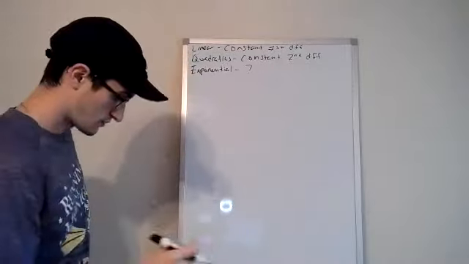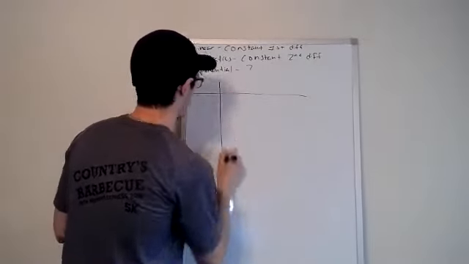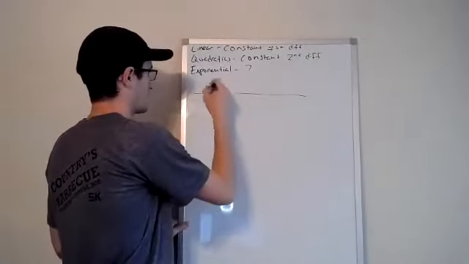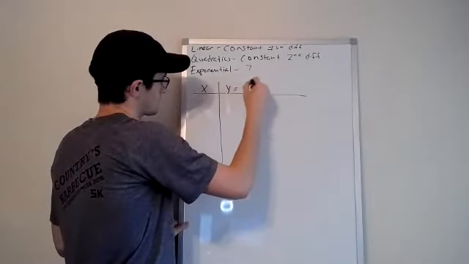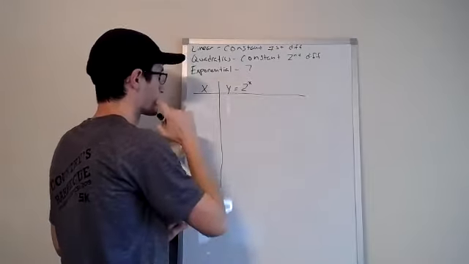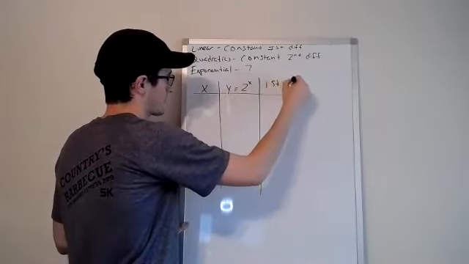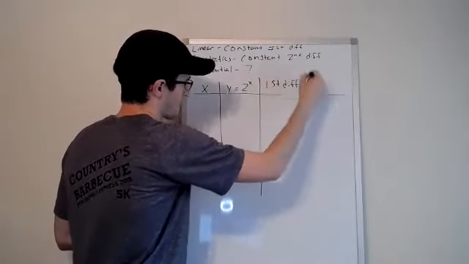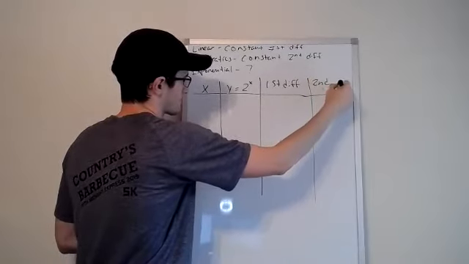So let me draw my table again. Let me have my x, and then my y equals 2 to the x. And then it has first difference, second difference.